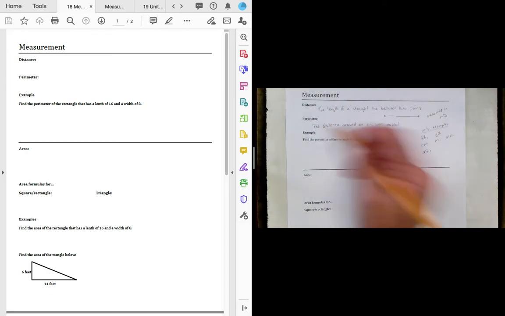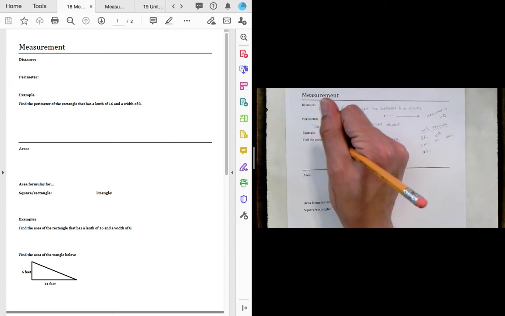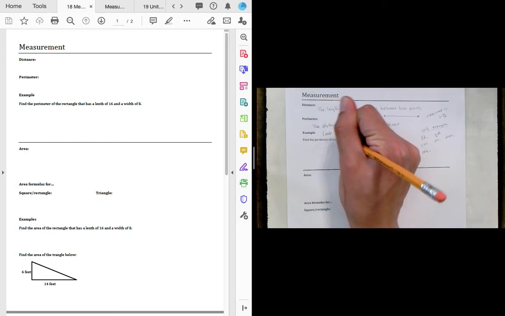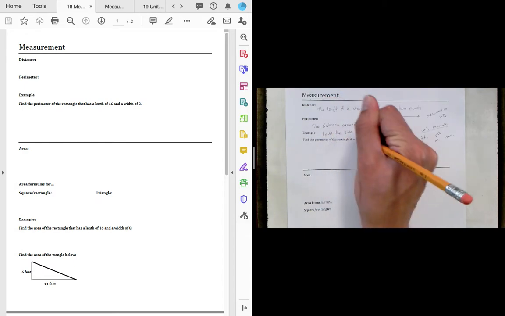So when we want to find the perimeter of a particular object, what we do is we just add the values all the way around. Add the side lengths.